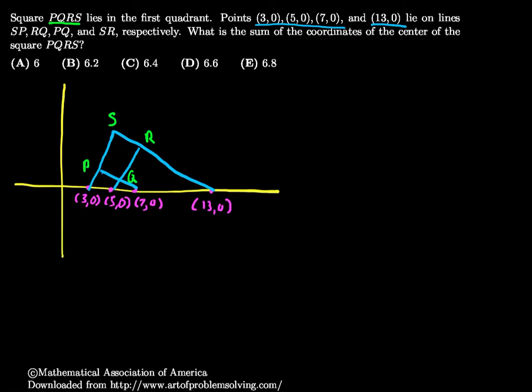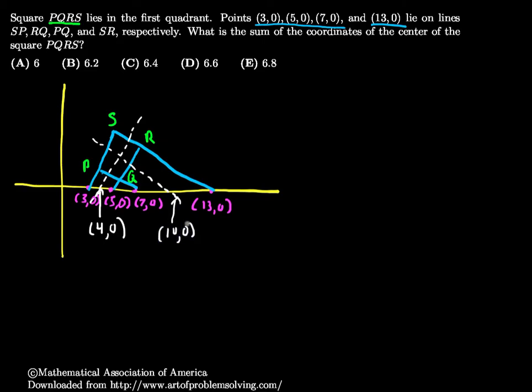And then we're going to use that and the midpoints on these intervals to create the lines that go through the center of our square. And these points obviously are (4, 0) and (10, 0).